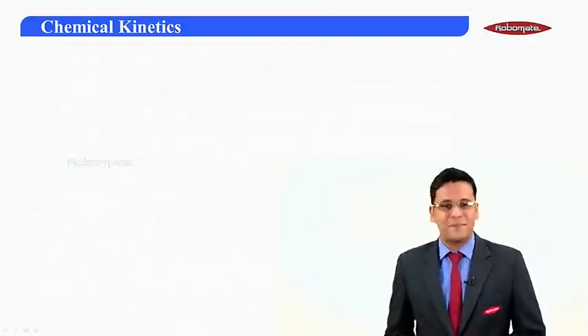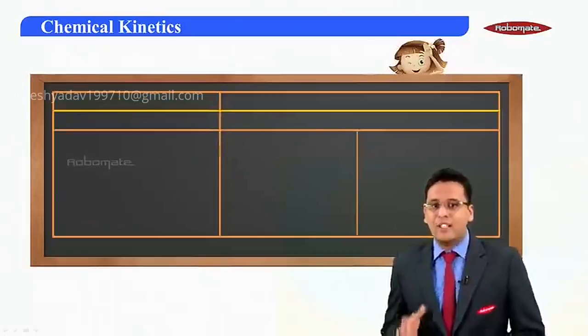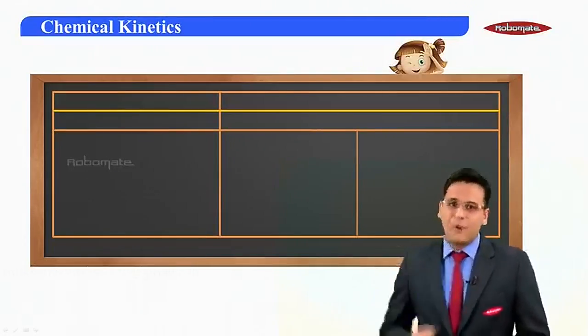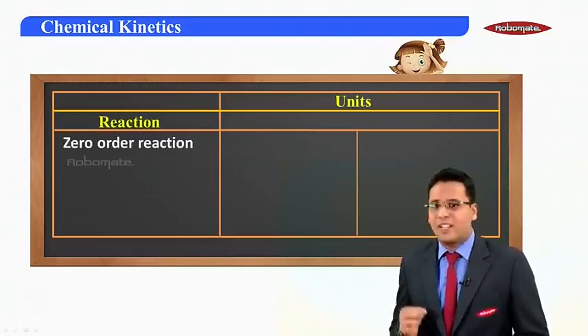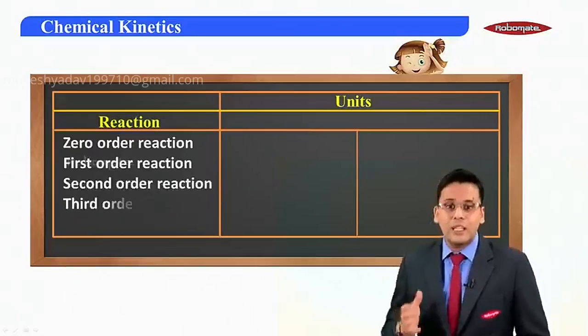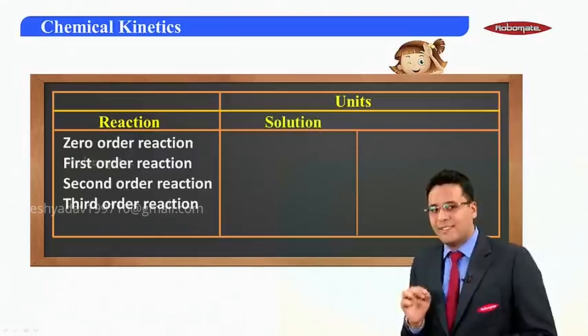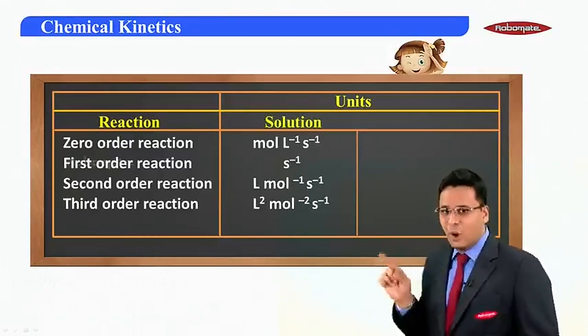In fact, if I were to write the units of rate constant for n number of orders, the table would look like this. Suppose I have zero order, first, second and third order reactions. For a solution, this will be the unit of rate constant for different orders.